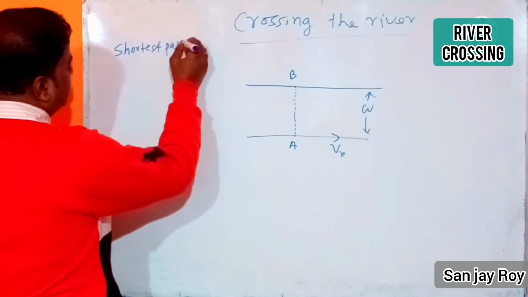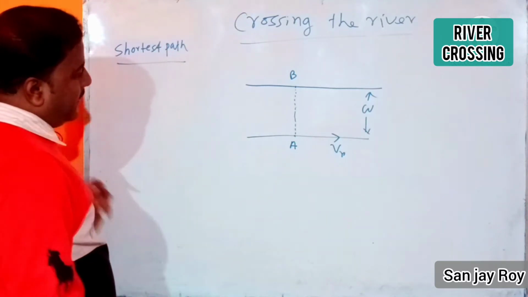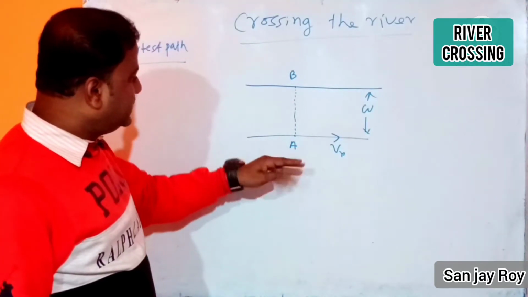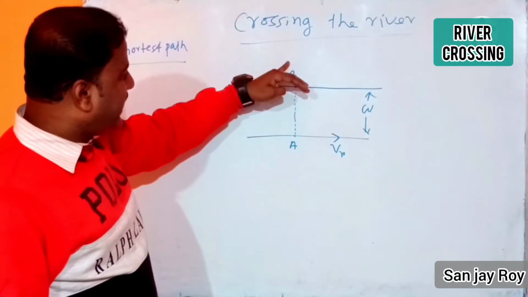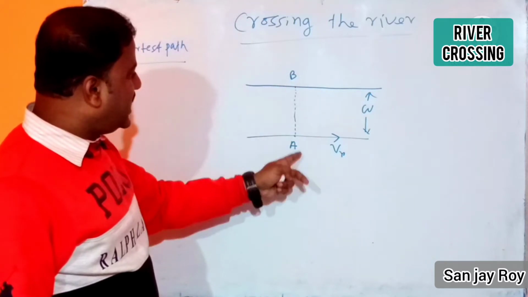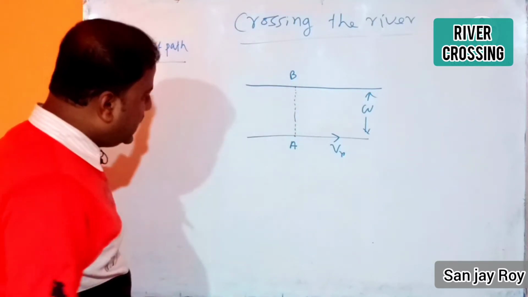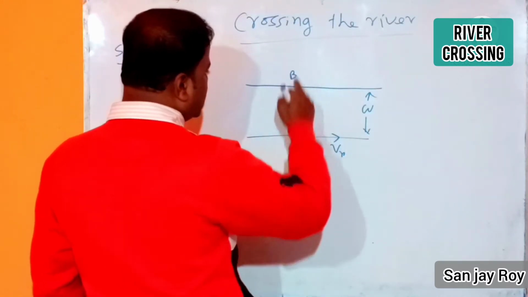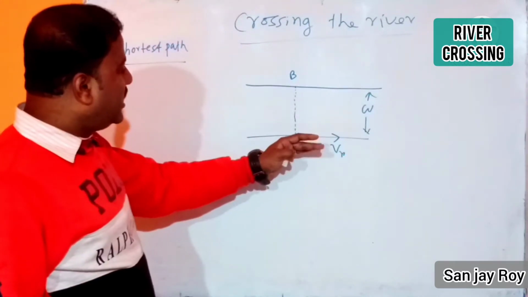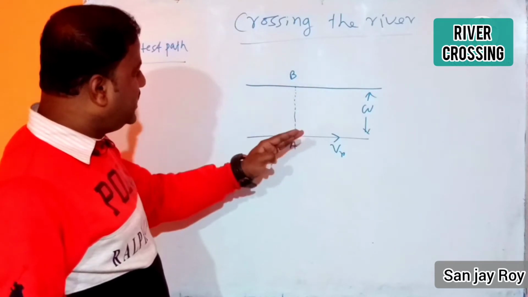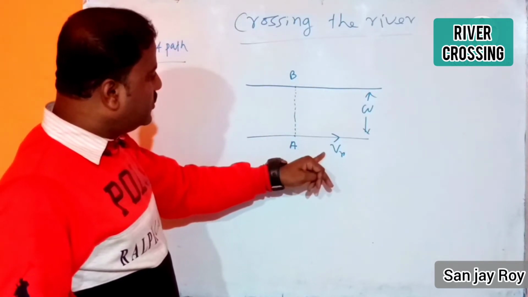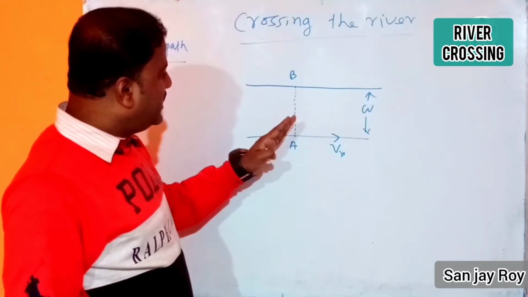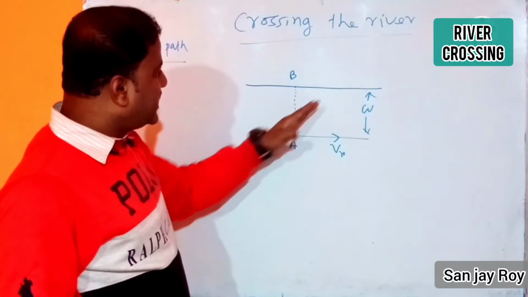Shortest path. If we want to go from this bank to this bank, here AB is the shortest path. If we drive a boat along this direction AB, we cannot reach this point B because due to the river current, the boat will drift in this direction.